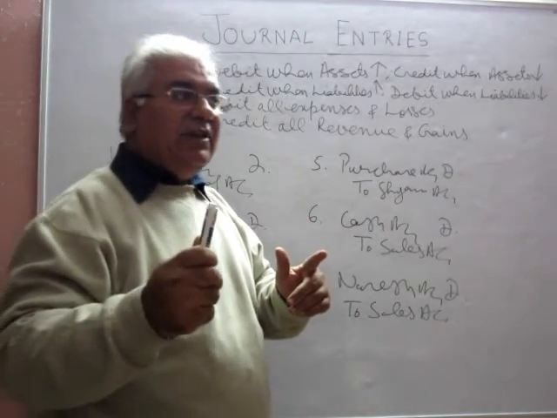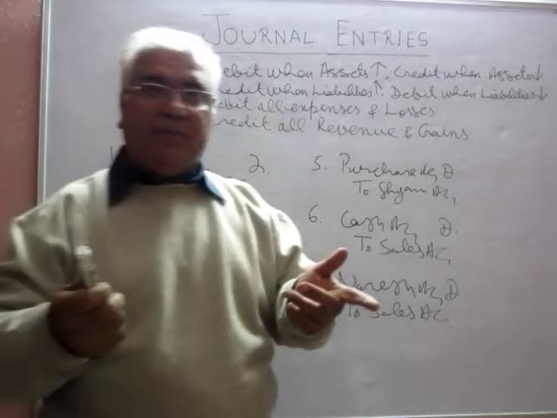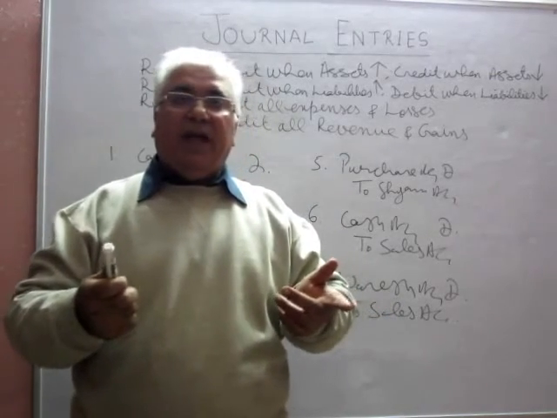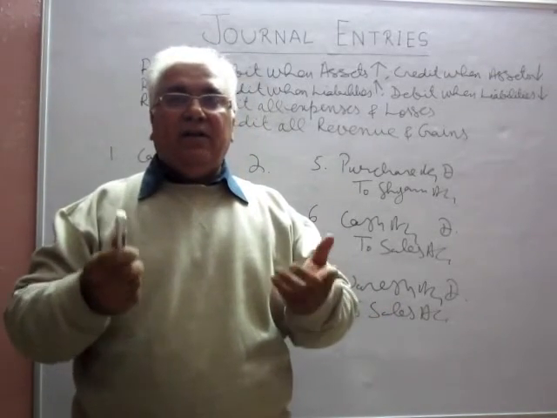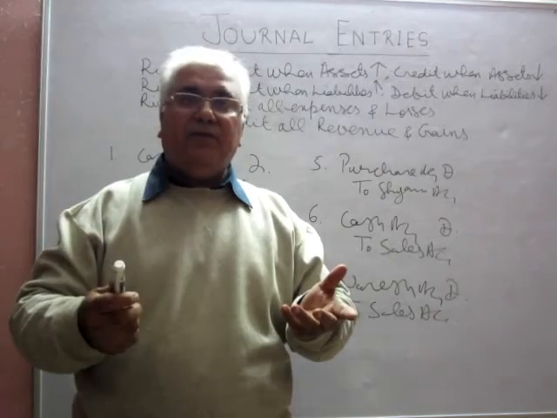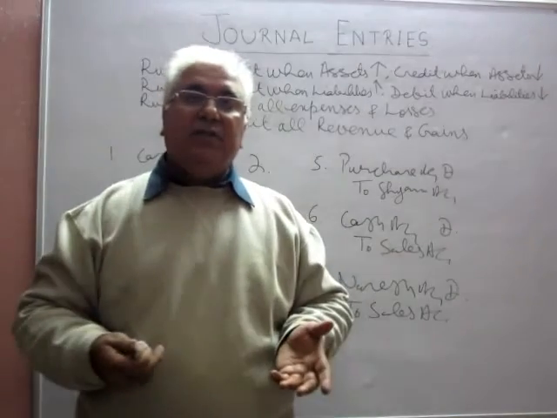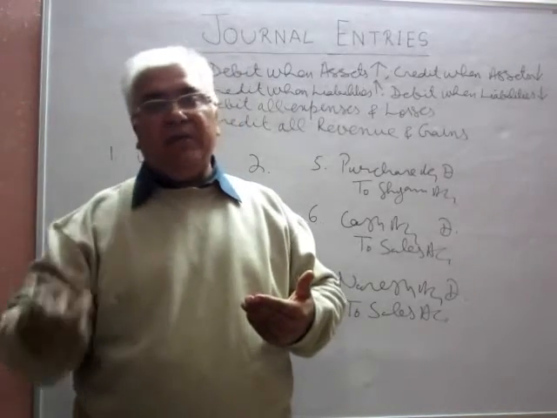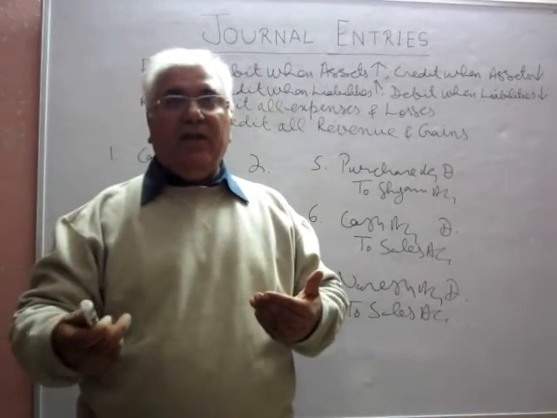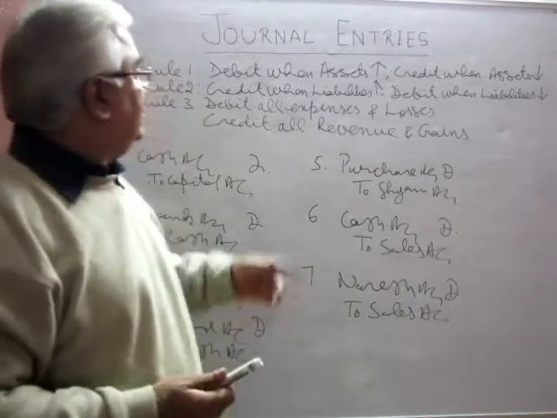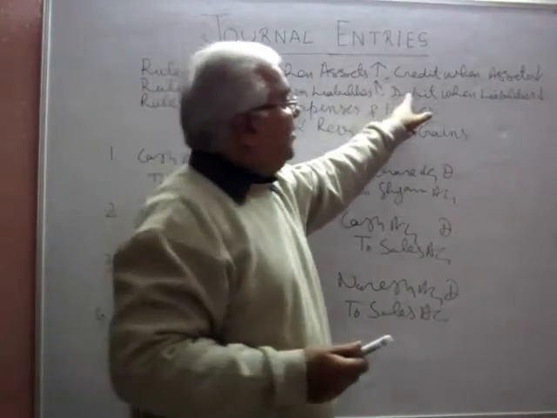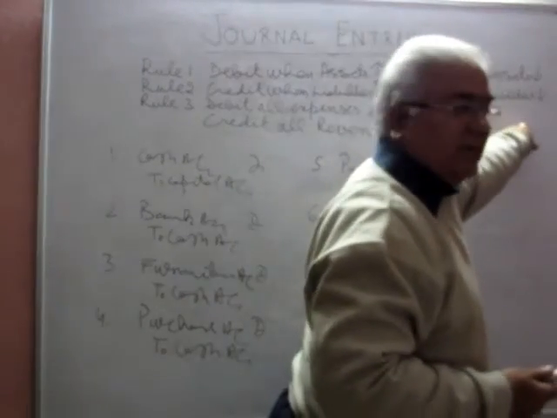Okay. So in this case, we are returning it to Shyam. And Shyam was our liability. We had bought goods from him on credit. Since we are returning goods, our liability towards Shyam is decreasing. And the rule for liabilities is debit when liabilities decrease.